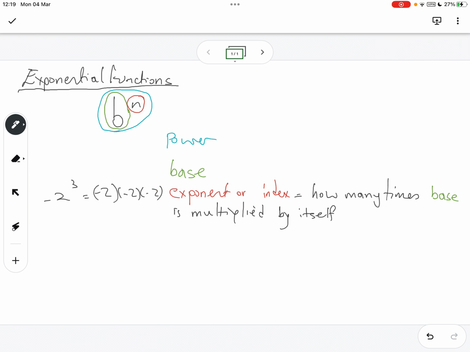So in other words, if you have negative 2 to the power 3, that's the same as negative 2 times negative 2 times negative 2, which will give you negative 8. So this explains that. So it's how many times the multiplication is repeated.